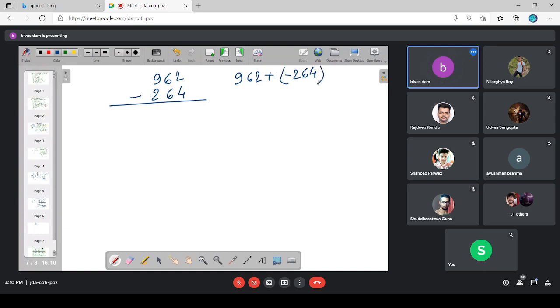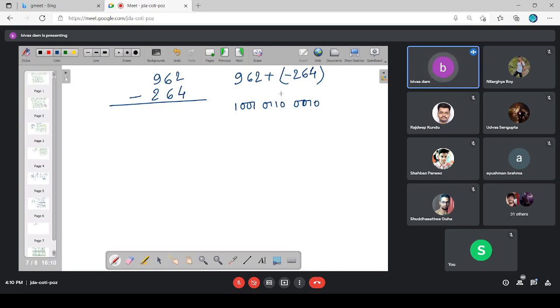That is basically the operation we are going for. So if we are going for the normal BCD patterns, then we have to go for the normal BCD of 9, then 6, then minus 264. So let me go for the 9's complement scheme.